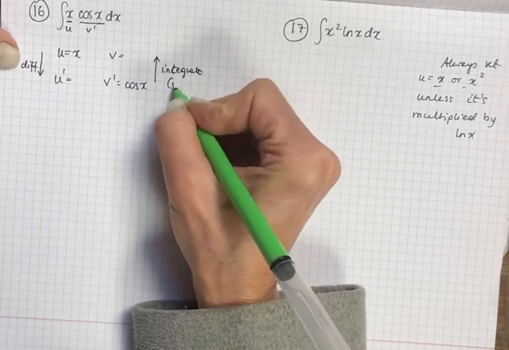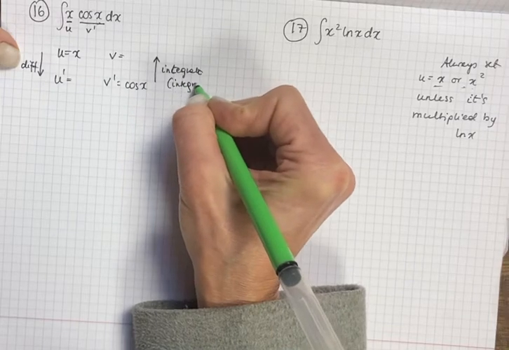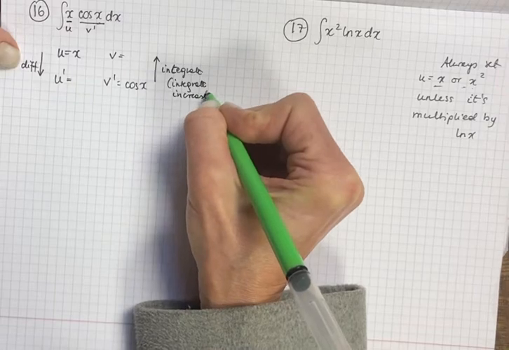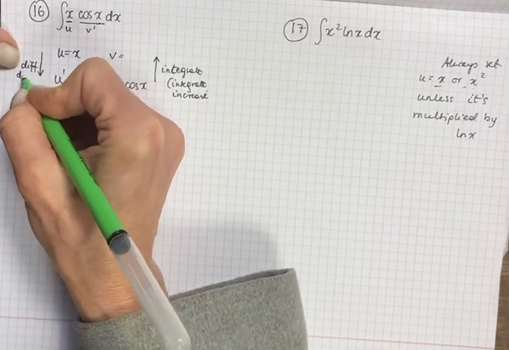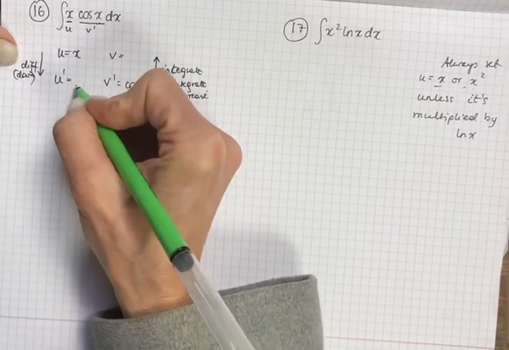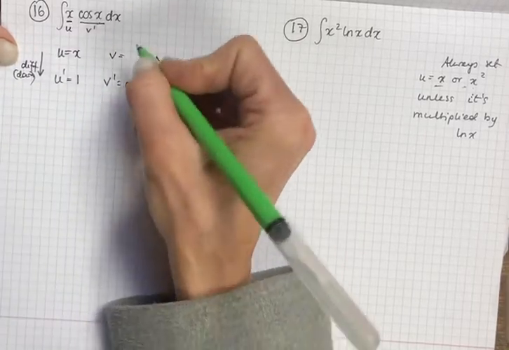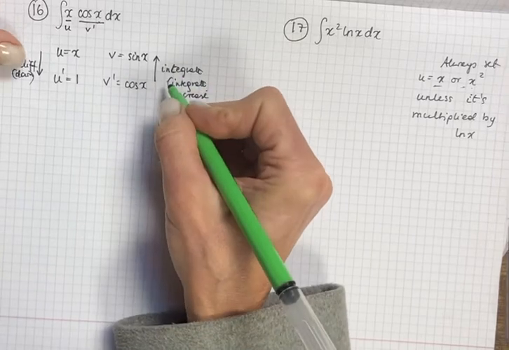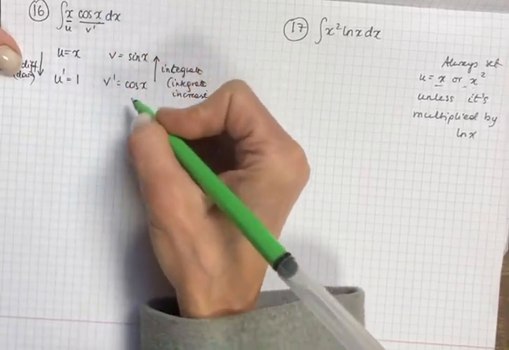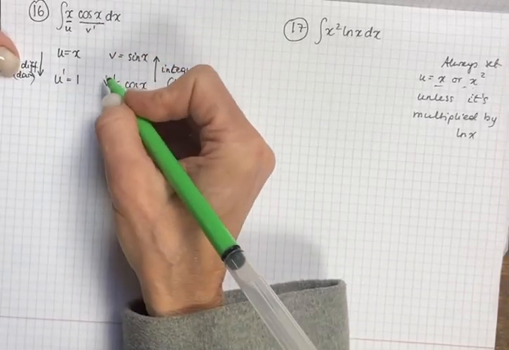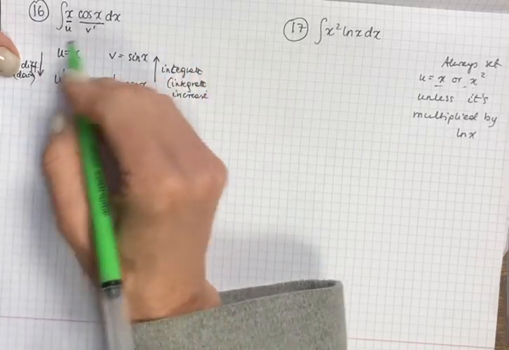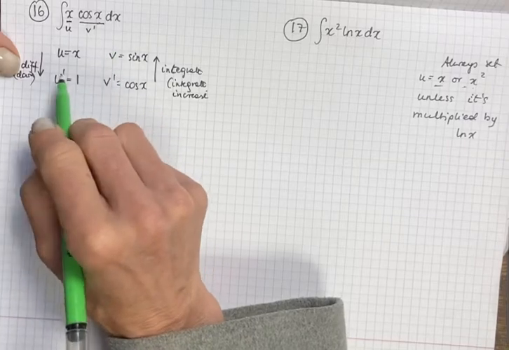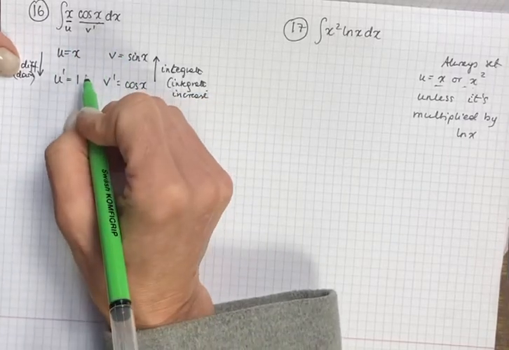So think integrate for increase, and differentiate for going down. Okay, so that goes to 1, and cos x integrates to sin x. Remember to integrate.